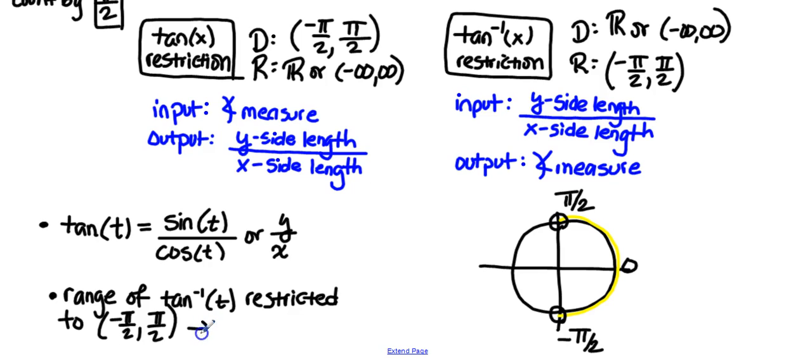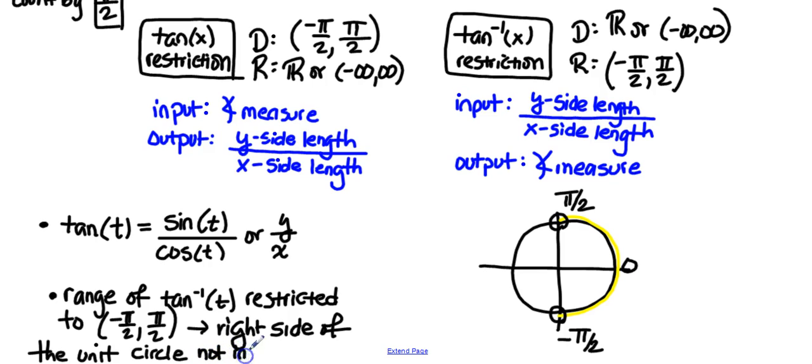So this means we are restricted to the right side of the unit circle, not including negative pi over 2 or pi over 2.